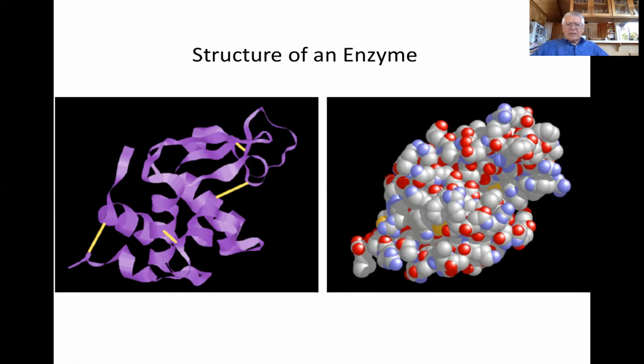And this comes out of the fact that there are some sequences of amino acids that form a fairly regular structure. They can be kind of like helical. In other places, they're just sort of random. In other places, they're like flattened sheets that lie close to each other. And so we can represent these regular folding patterns with this sort of regular diagram. They can be held together by many different kinds of interactions.